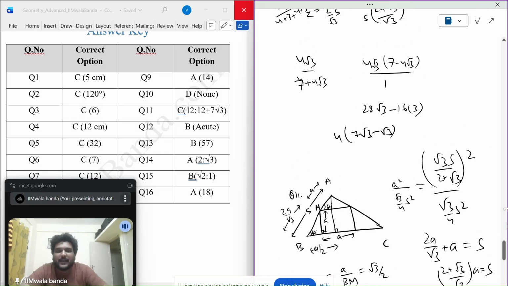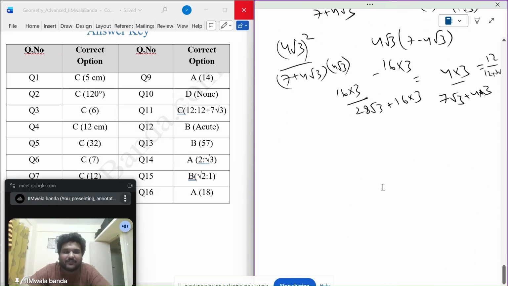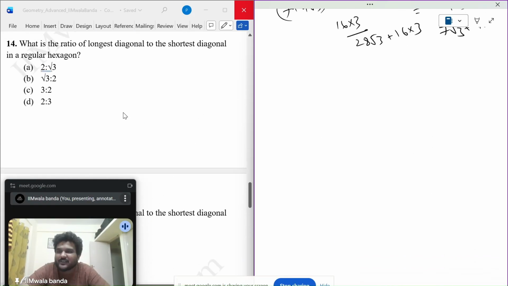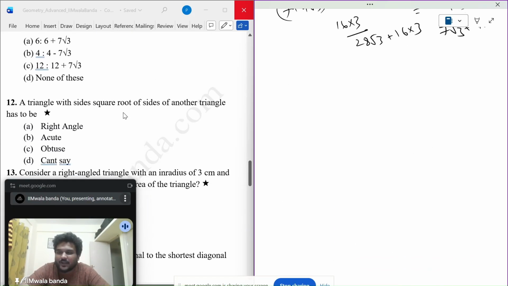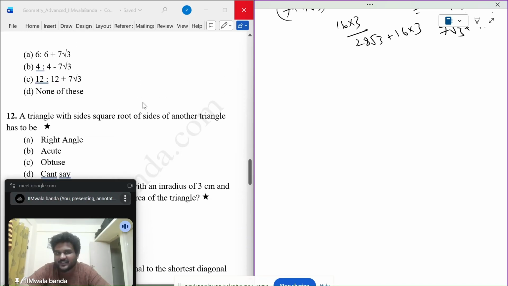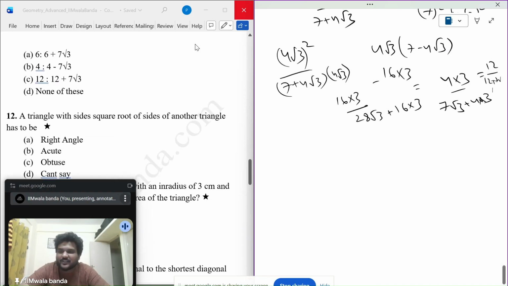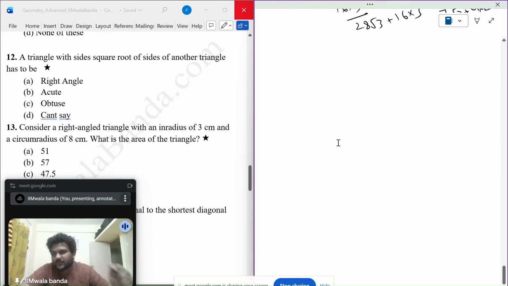Okay, so my bad. I should not have opted for none of these. If you have to match, instead of rationalizing the denominator, if we rationalize the numerator, we get to this option. All right, you got the concept.